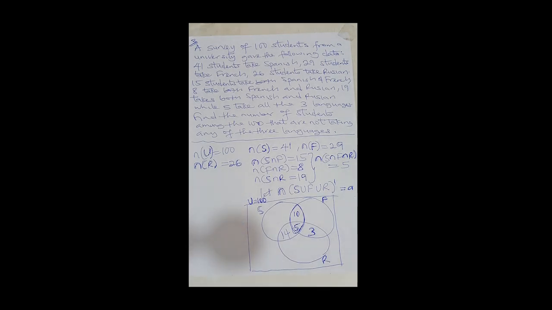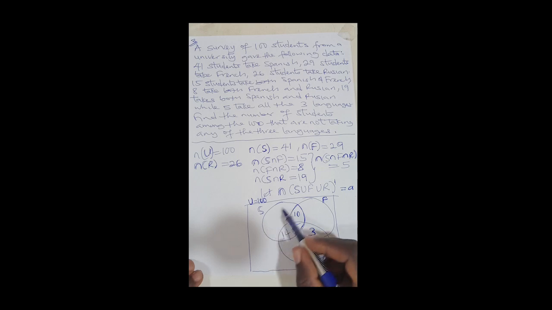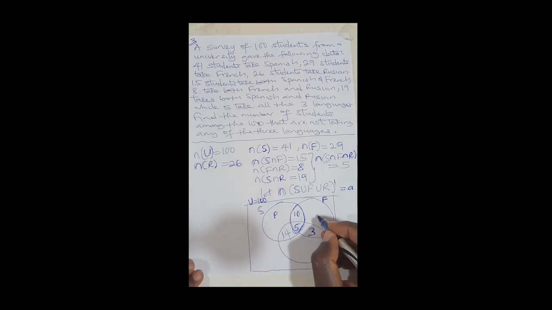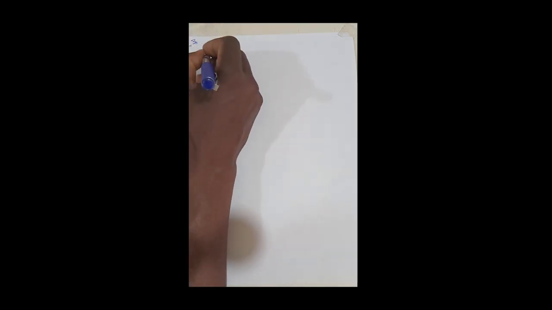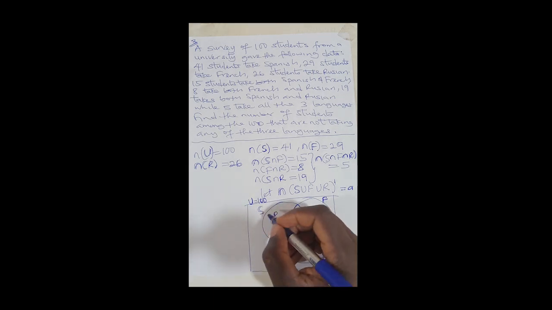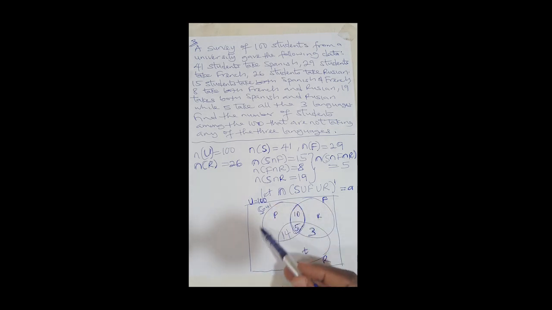Let's do something. We want to find those that take Spanish only. Let's call this one P, call this one K, and call this one T. We can find now. Spanish will be the whole of this circle, and Spanish is 41. The total of this circle is 41.